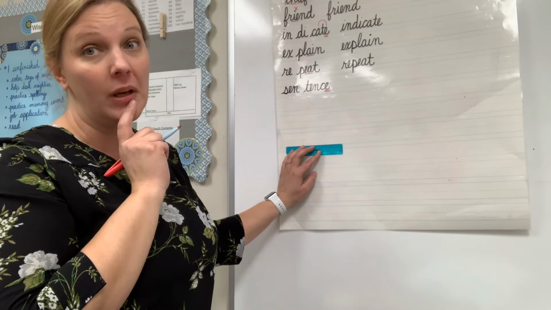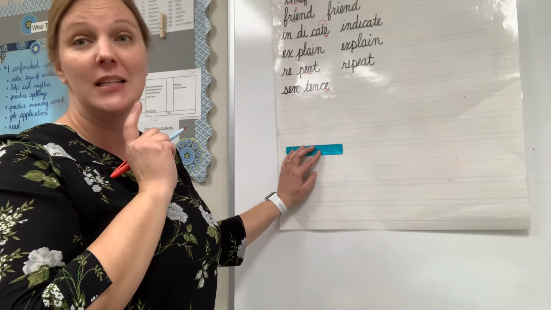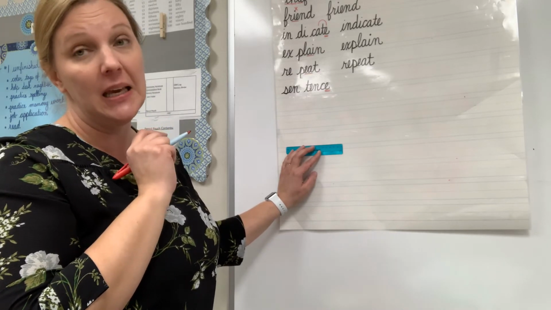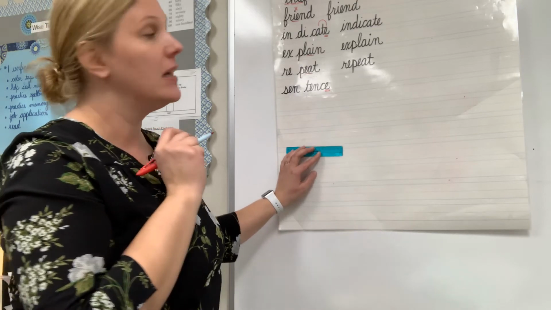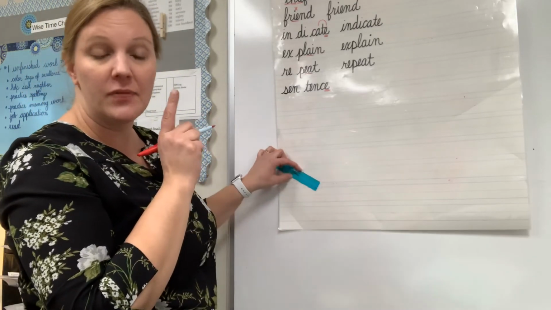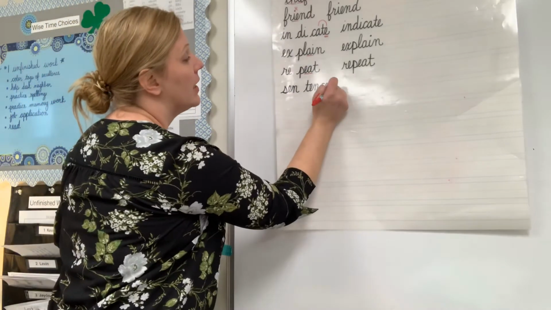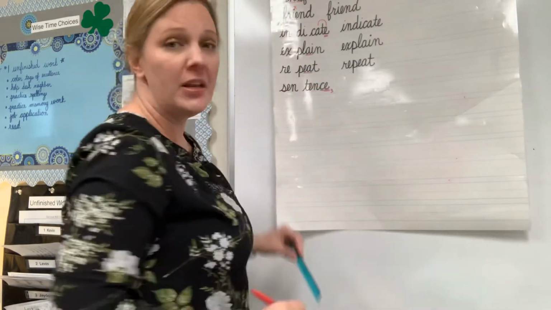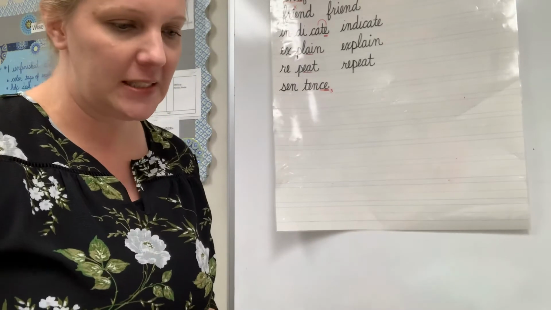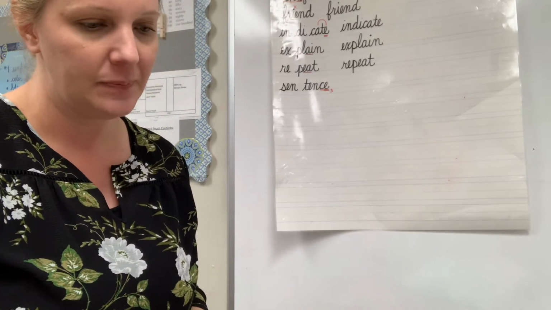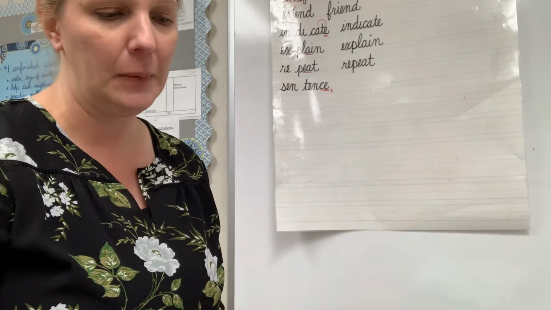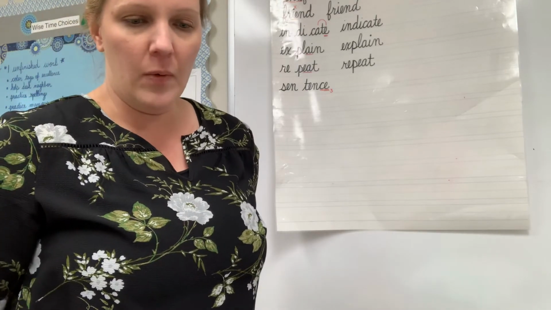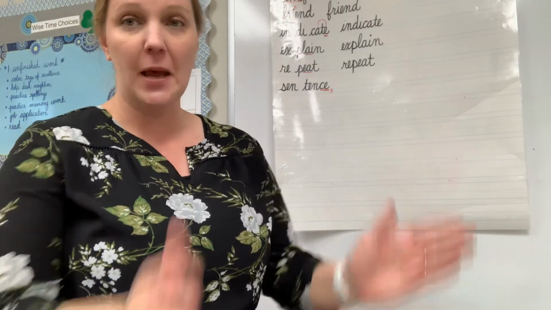If you said rule 3, you are right, because this E is making the C say S. So we're gonna put a little 3 by it because it's following rule 3. And then because the C says S, we're also going to underline our C. So we've double underlined our E, single underlined our C, and put a little 3 beside it. Sentence. C says S because of the E. All right. Put your pencils down, please.